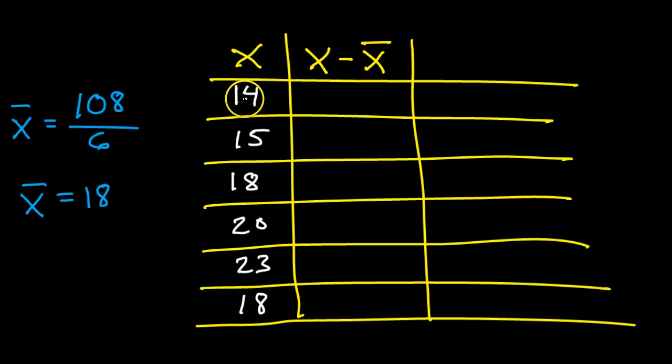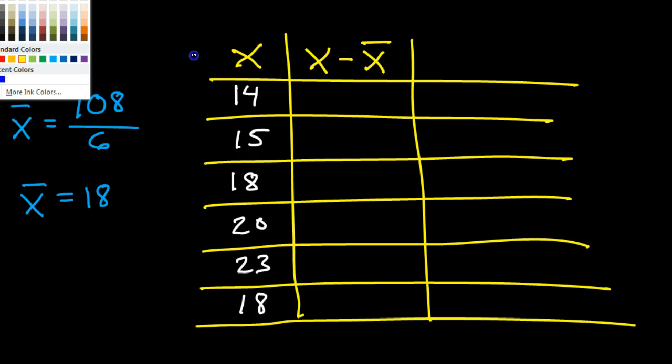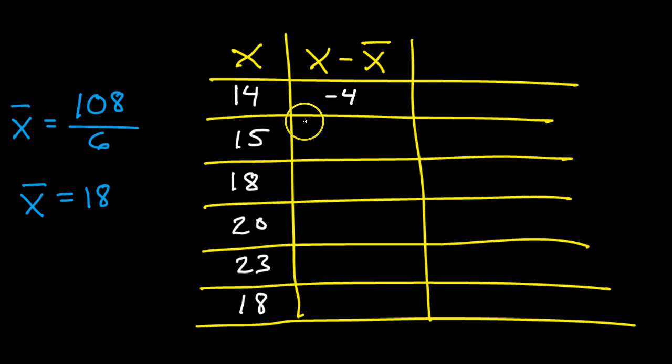So 14 minus 18 is -4, and 15 minus 18 is -3. 18 minus 18 is 0. 20 minus 18 is 2. 23 minus 18 is 5. And again, 18 minus 18 is 0.